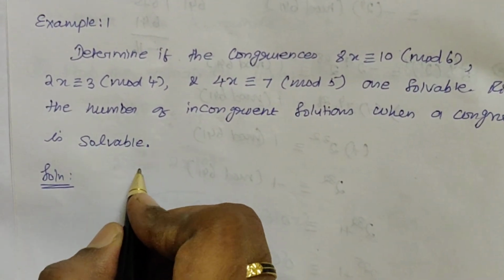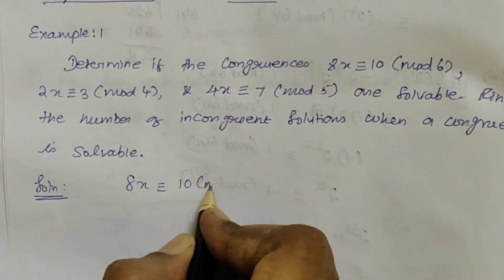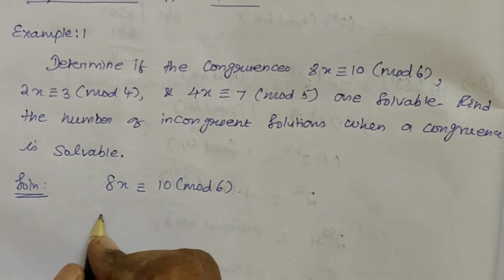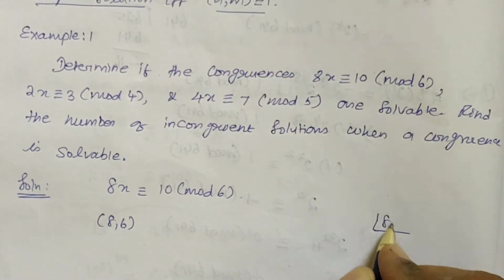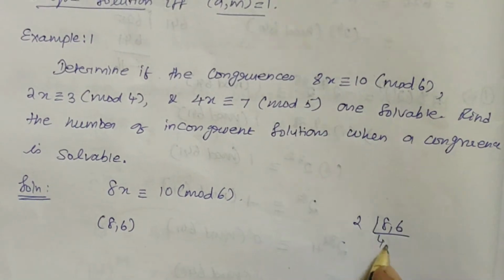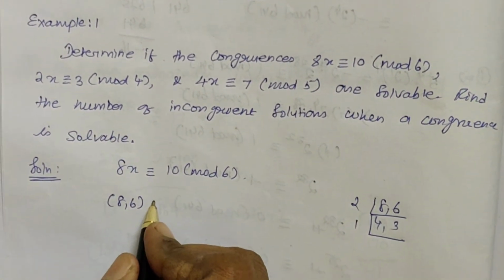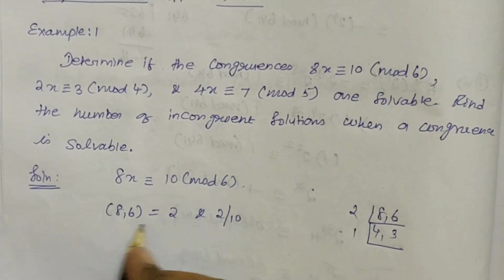So for the first equation, 8x ≡ 10 mod 6, first find out the gcd value of 8 comma 6. gcd of 8 comma 6 is equal to 2, and 2 is a divisor of 10.